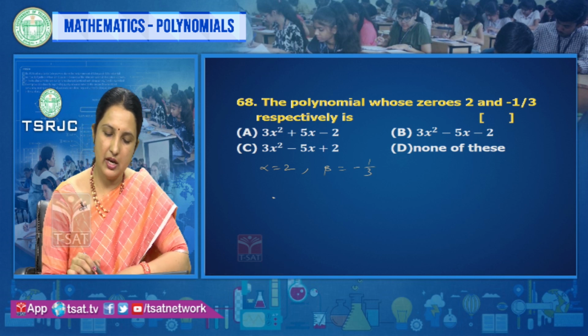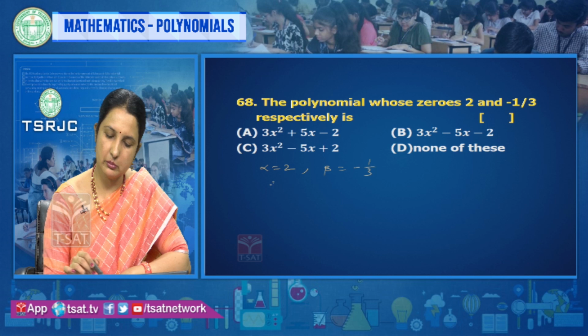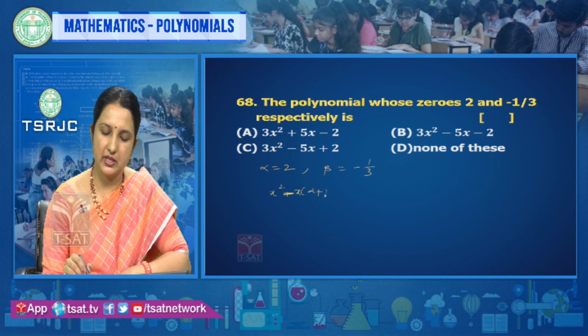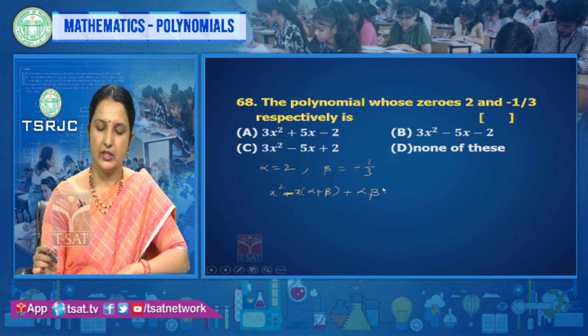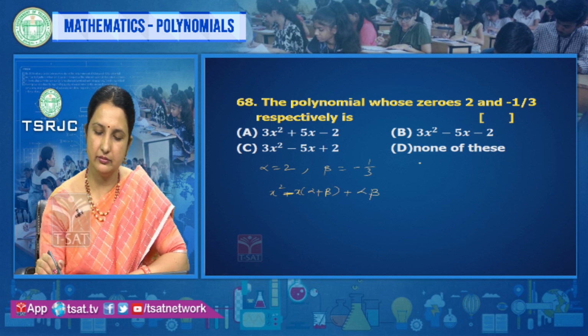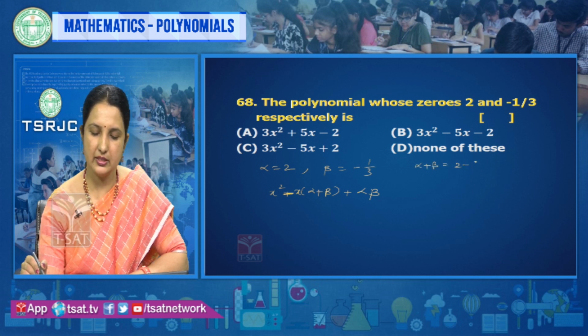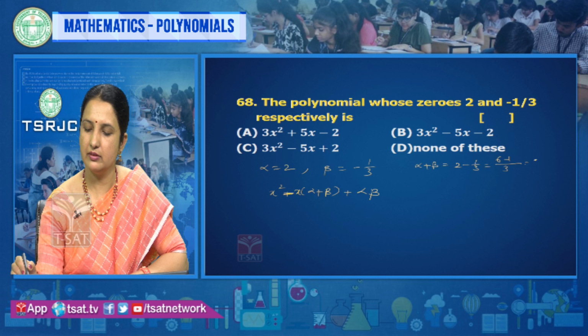We have the formula x square minus x into alpha plus beta plus alpha beta. So, what is alpha plus beta? 2 minus 1 by 3, that is 6 minus 1, 5 by 3.